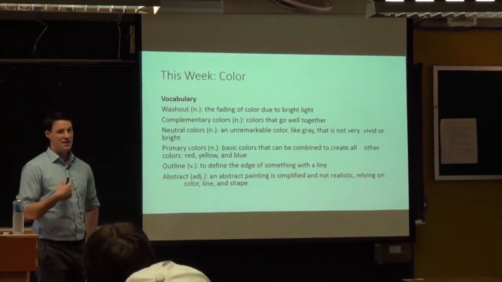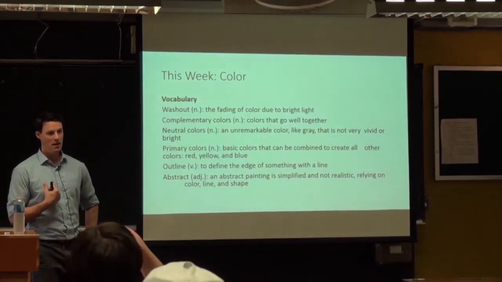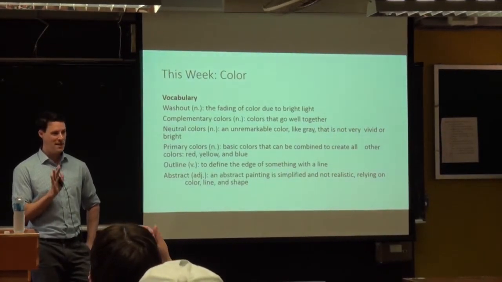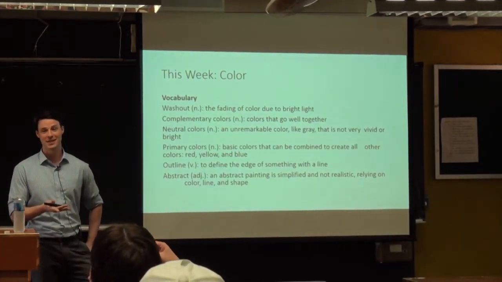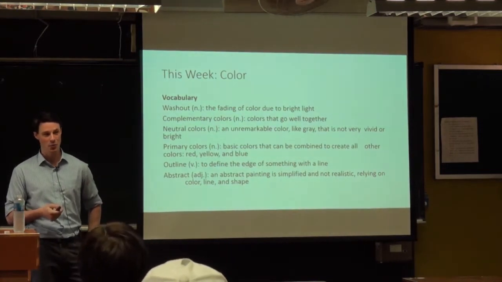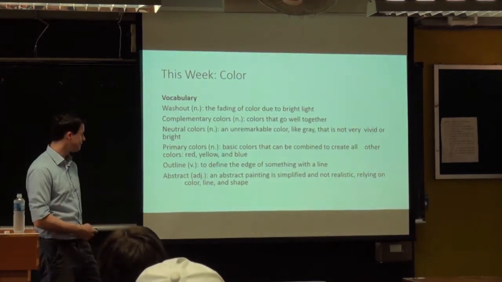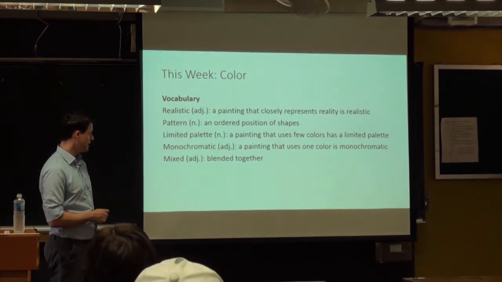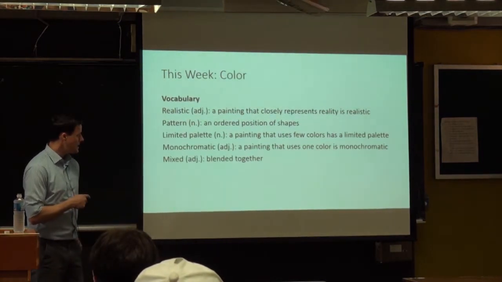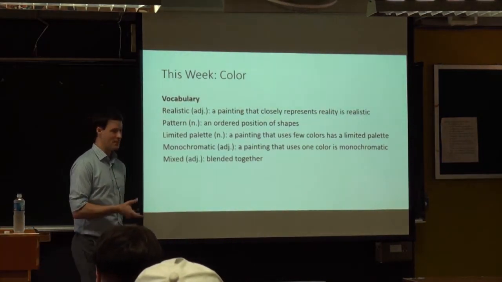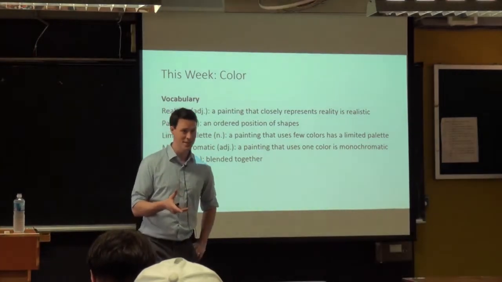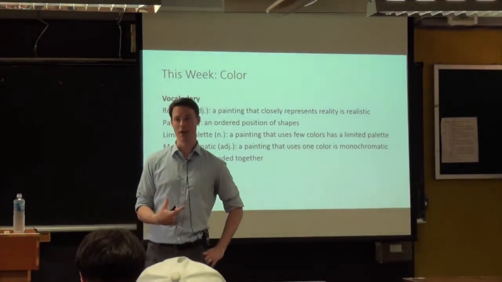Abstract paintings tend to make you feel emotions a lot more than a realistic painting. So realistic is a painting that closely represents reality. In other words, it's like a photograph.